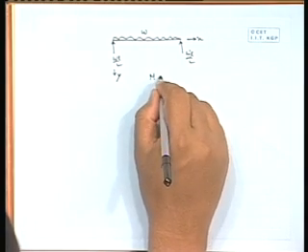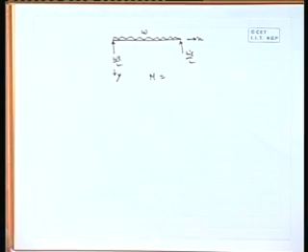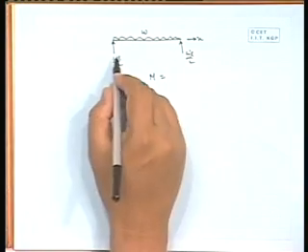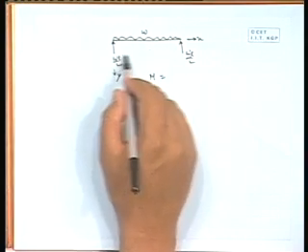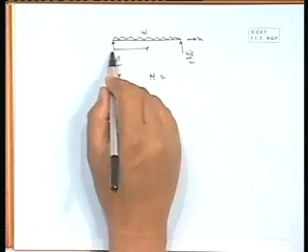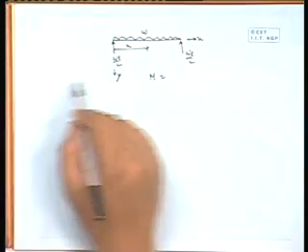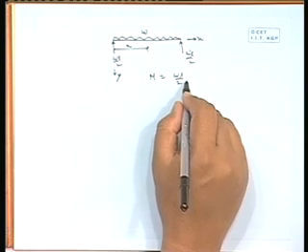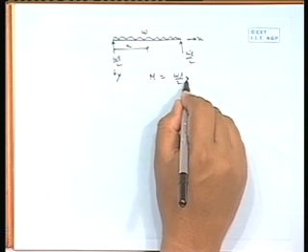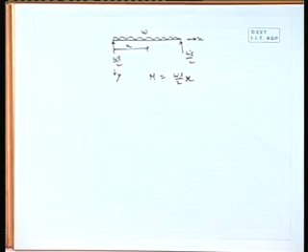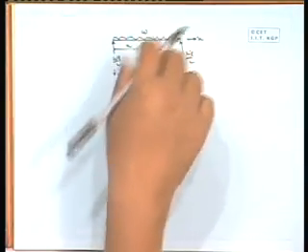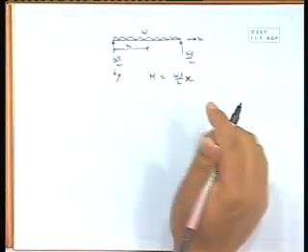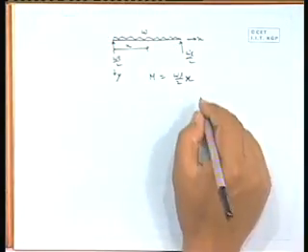So, the moment at any station, at any distance x, will be this omega L by 2, the reactive force, multiplied by x. That will give a clockwise moment like this, and this load will give an anticlockwise moment.